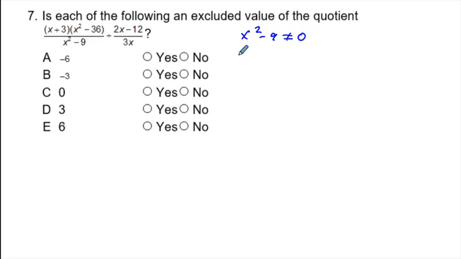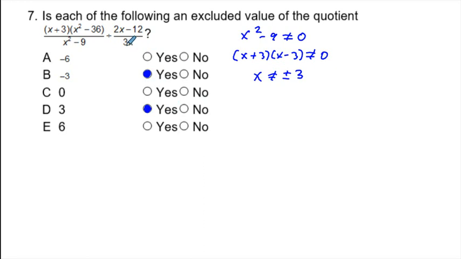In factored form, we have x plus 3 times x minus 3 cannot equal 0. So x cannot equal plus or minus 3. So plus or minus 3 is an excluded value. So I'm just going to go ahead and mark those yes and yes.